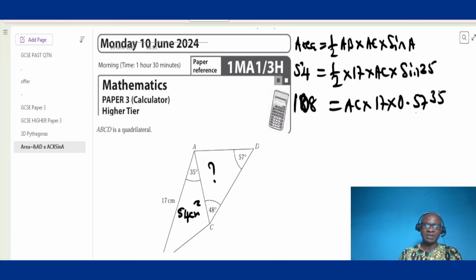We multiply it by 17 and it gives exactly 9.750 times AC equal to 108.